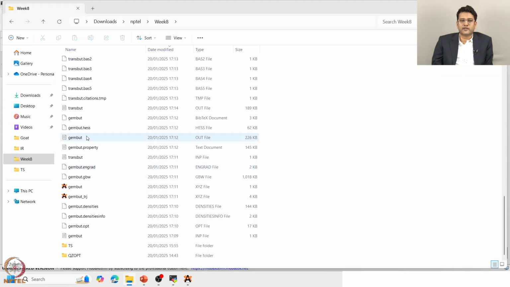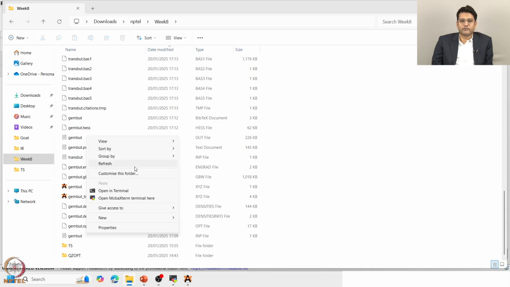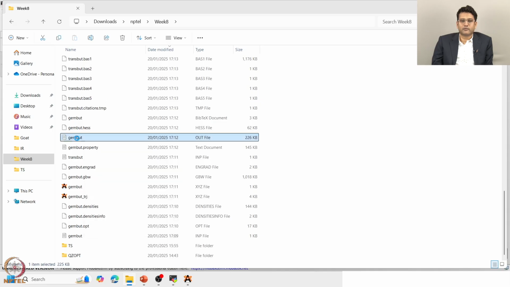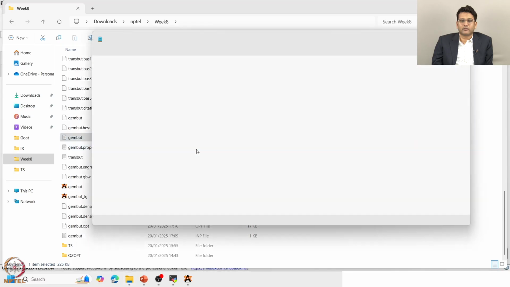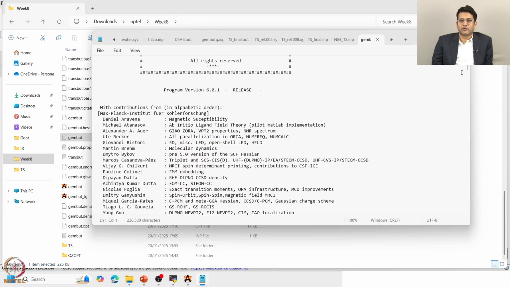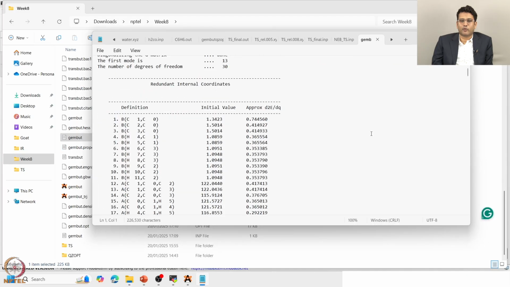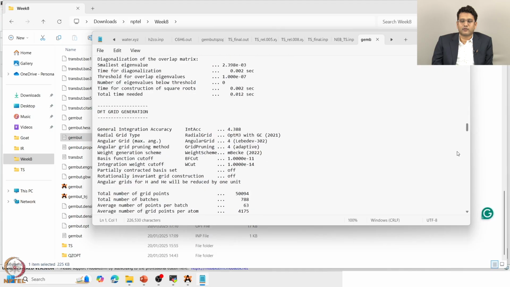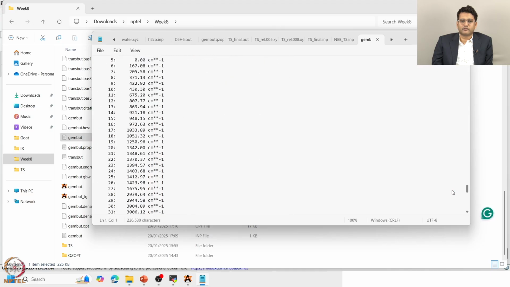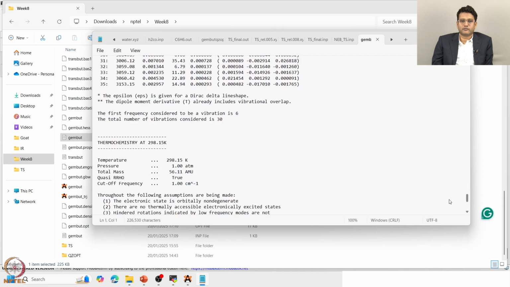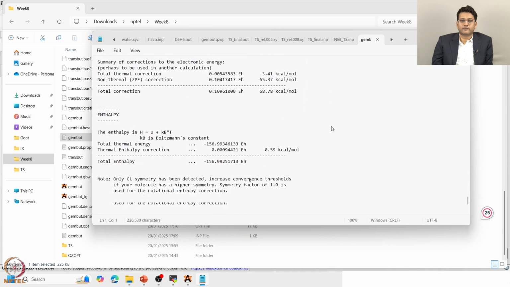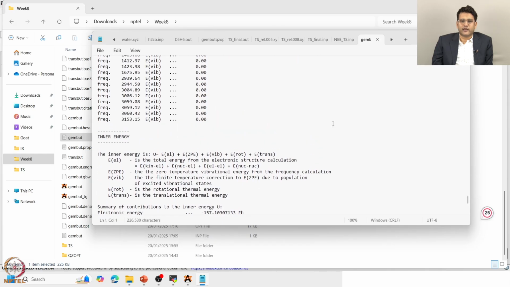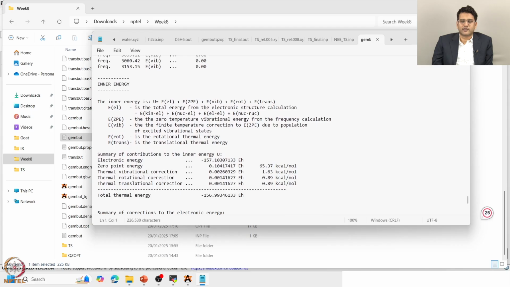If we open the output file, it will start with the optimization. So here is the part which we actually have not discussed, this one is the internal energy, the electronic energy, zero-point energy, and all the other contributions.